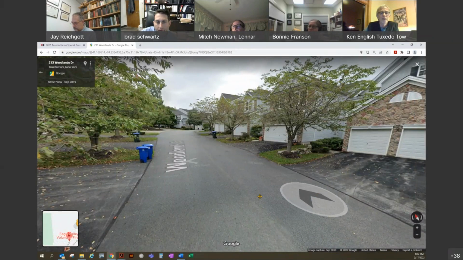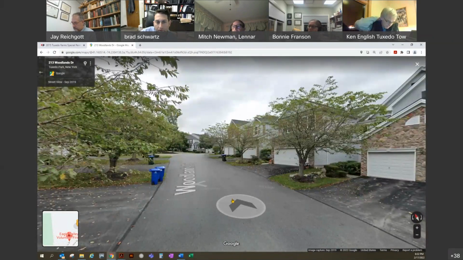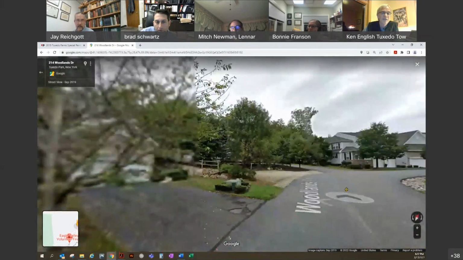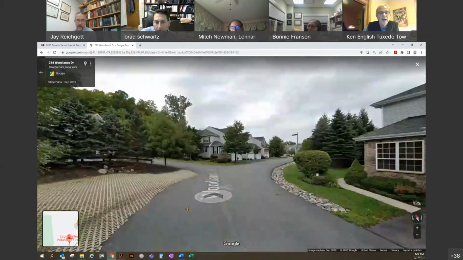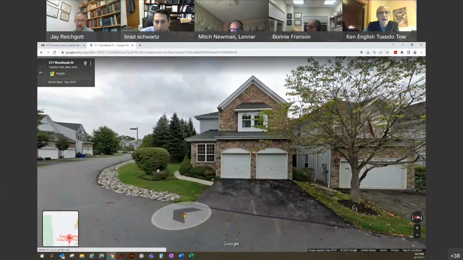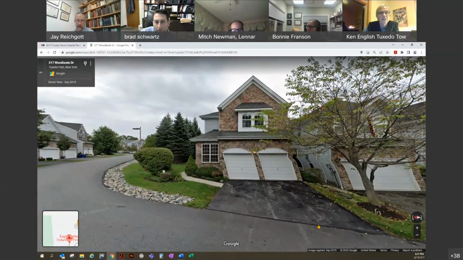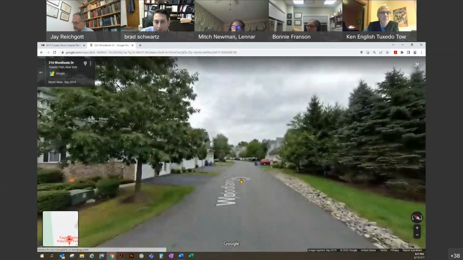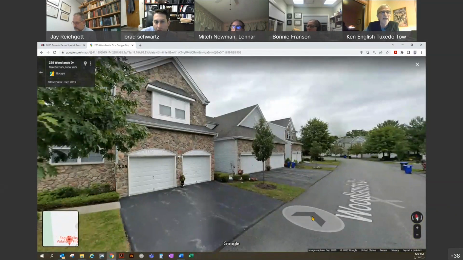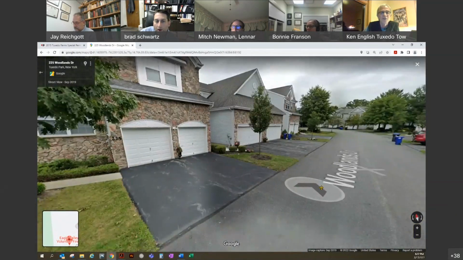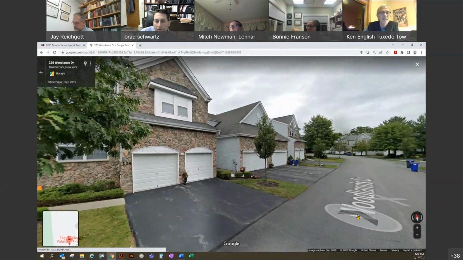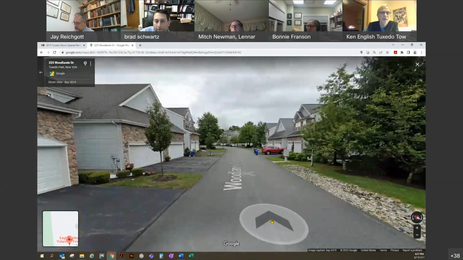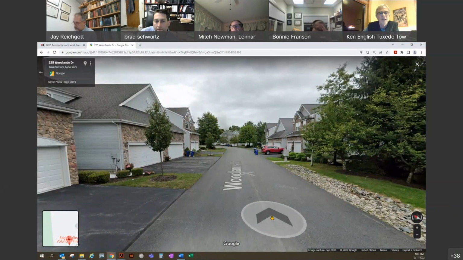what seems most true to me is Lennar builds products. We're talking about the New Jersey team. I think we need to understand what it is they build and how that can be put together in a cohesive way that gives Tuxedo a sense of cohesive style, so that it's not just a hodgepodge. And that's what you would expect to get with somebody who's building a whole project of this size.